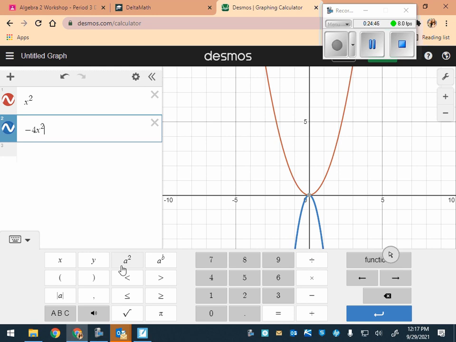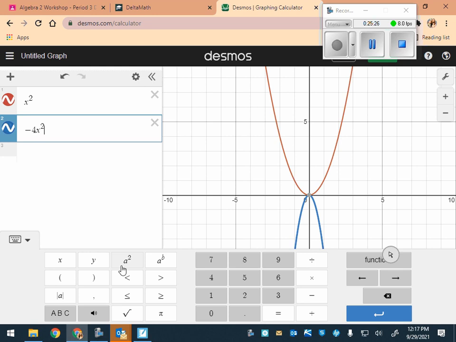Good. So there's two things happening in this graph. If your A value is less than 0, meaning it's negative, an example is y equals negative x squared, what is happening is it's a reflection over the x-axis.